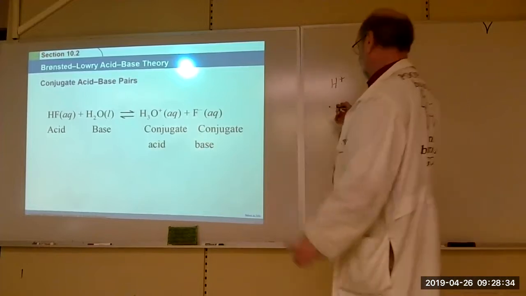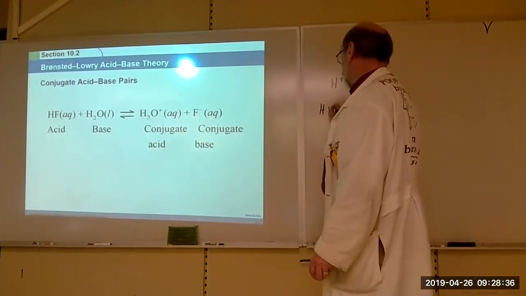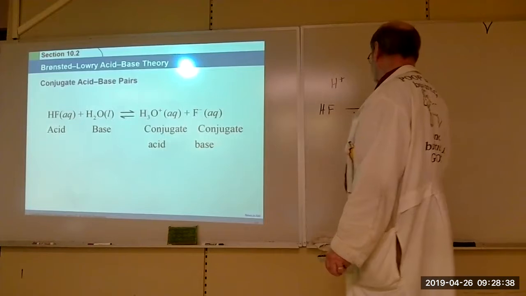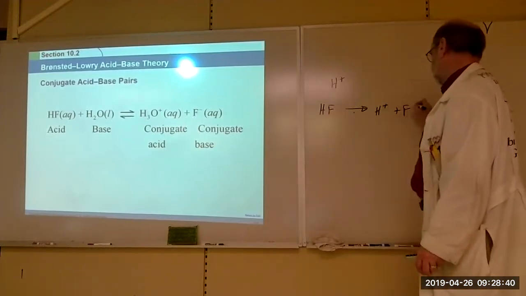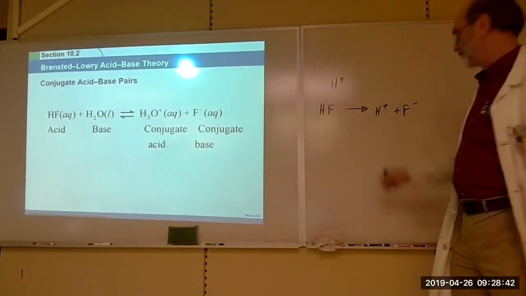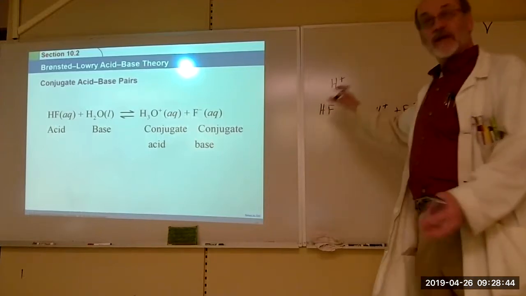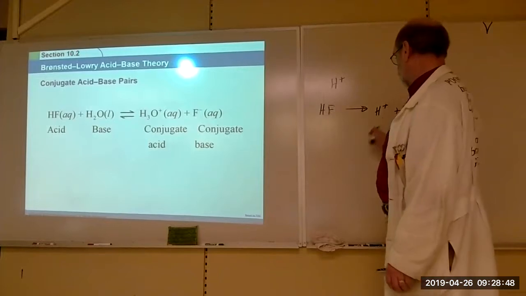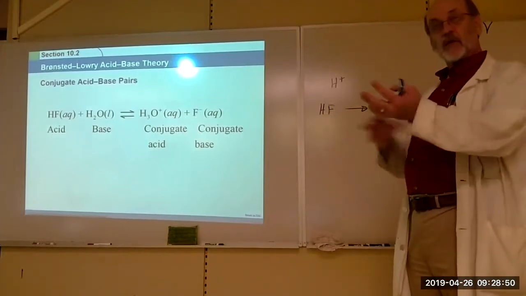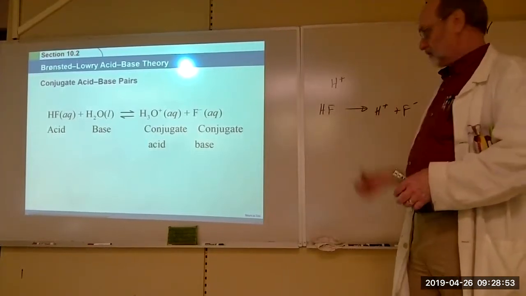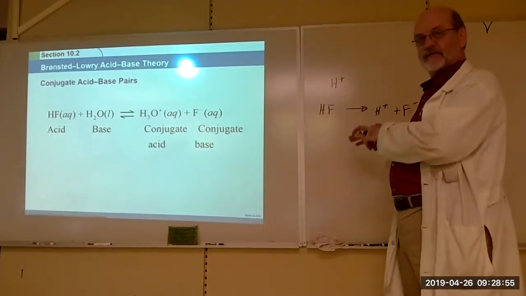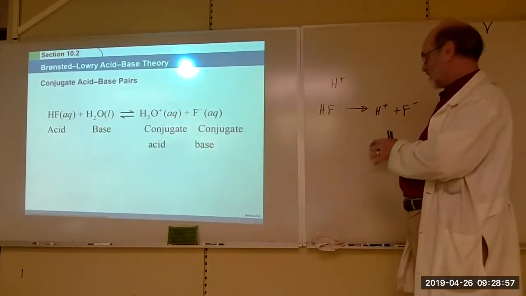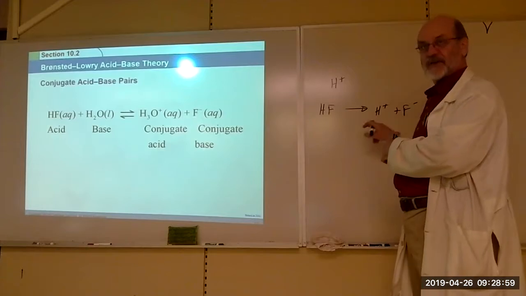For instance, if we were to write that equation without the water, we could do calculations with that. Concentration of this, that, and that, and do an equilibrium situation. But that's not reality. That's convenience, because that never exists by itself.